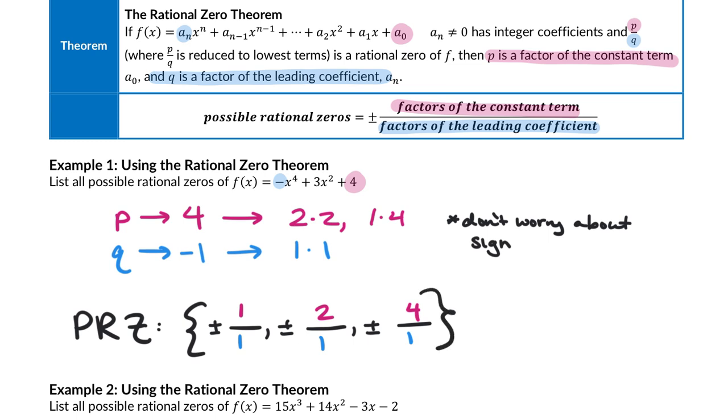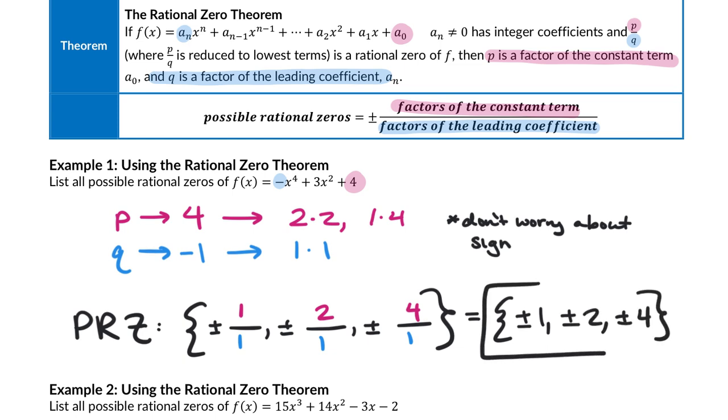So I'm making a list of all of the p's, 1, 2, and 4. I don't have to do 2 twice because it's a list, so it's already on there. Divided by any of the factors of q, and I don't have to do 1 twice because it's the same number. Which means that my potential rational zeros, when we reduce all of this, are plus and minus 1, plus and minus 2, and plus and minus 4. Those are all of the potential rational zeros that I would have to try if I was trying to find all of the zeros of that polynomial.